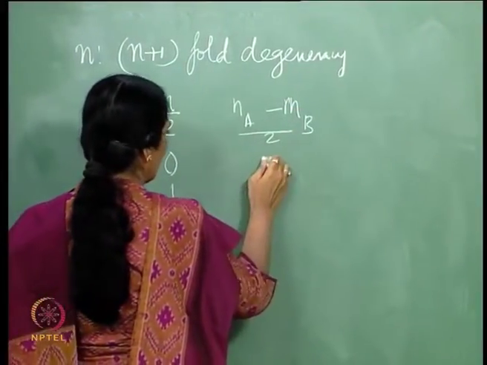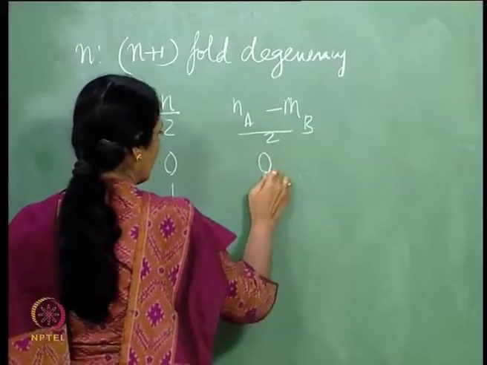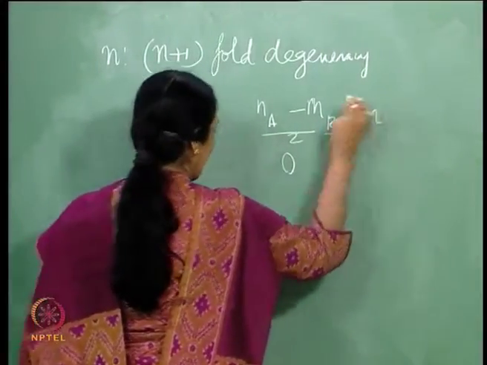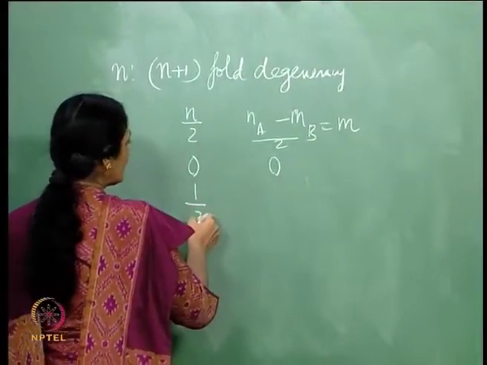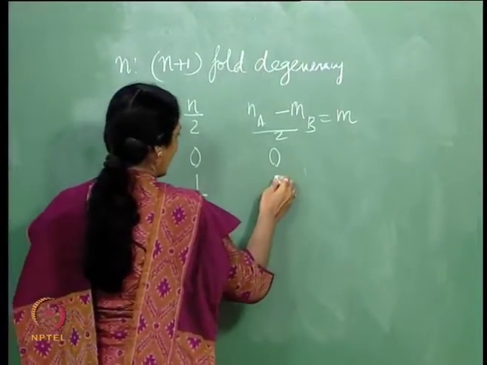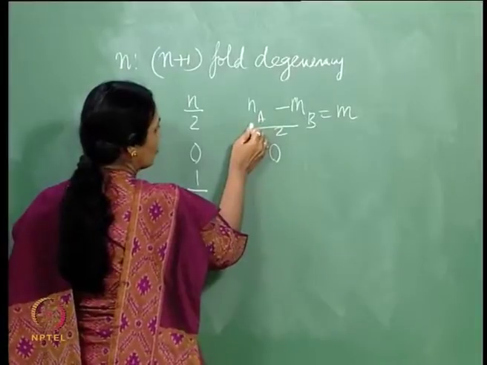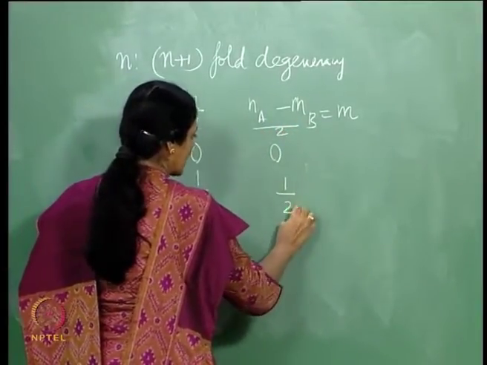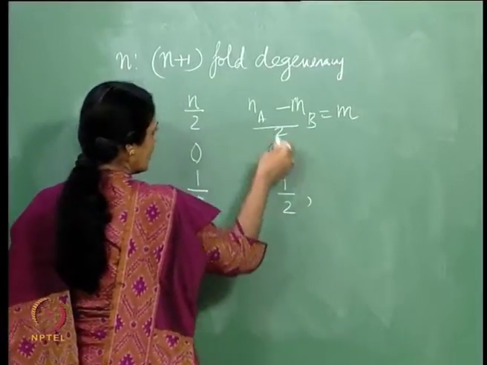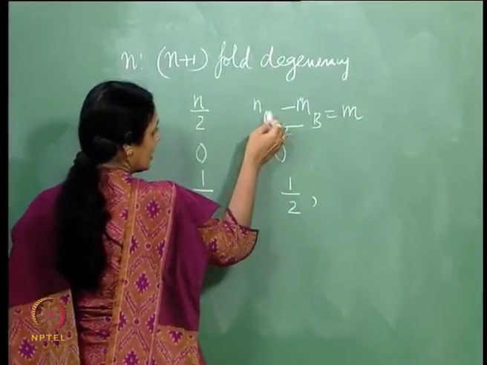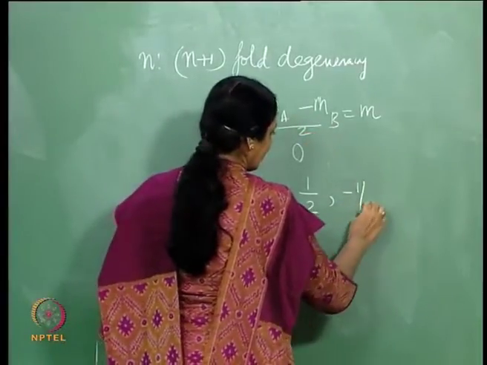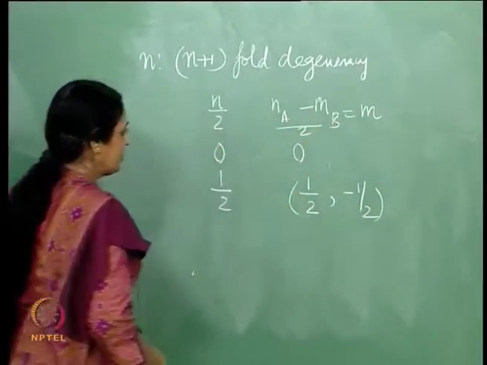So, when n is 0, Na is 0, Nb is 0, and Na minus Nb by 2 is 0, but this object is simply m. When n by 2 is half, I find that Na could be 1 and Nb could be 0, giving me m equals half, or Na could be 0 and Nb could be 1, giving me the value minus half.